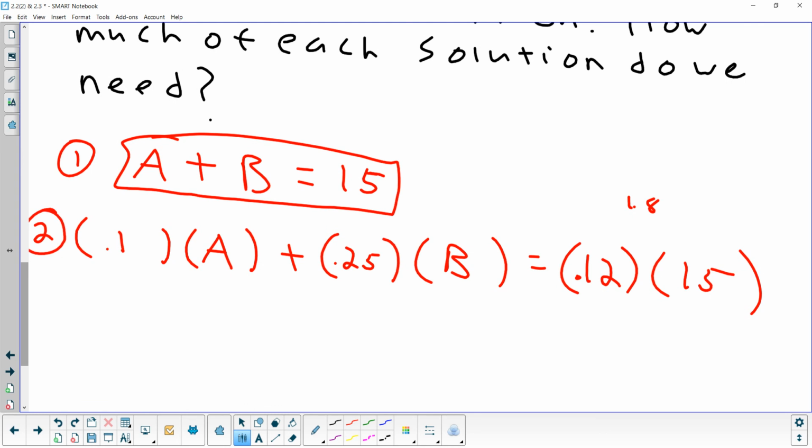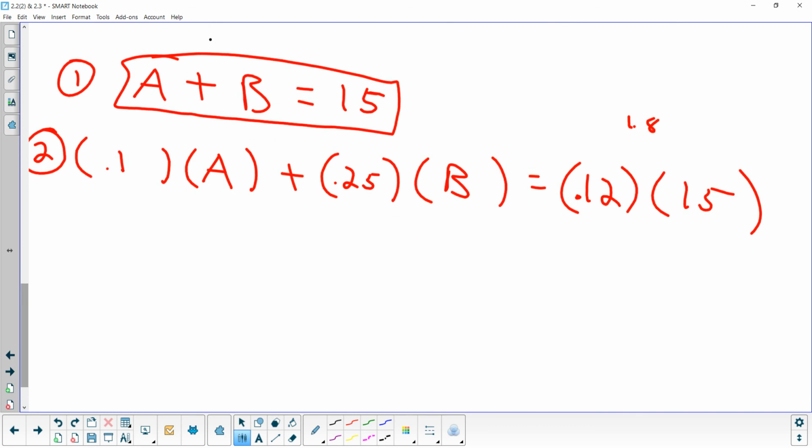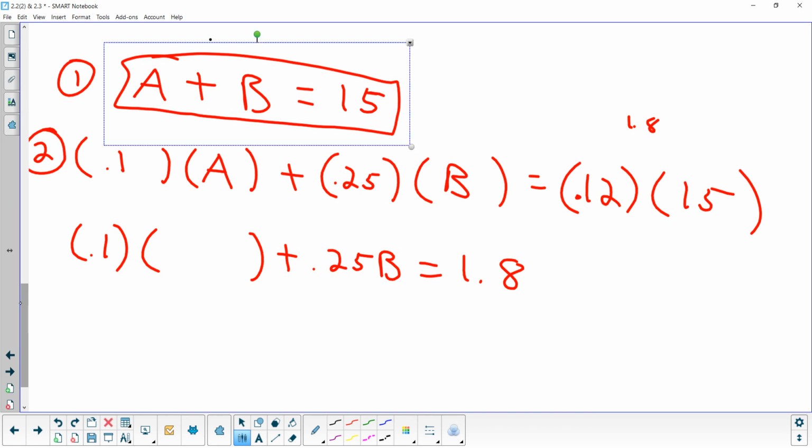This is equation 2. Now we have to use substitution to solve this. So let's substitute for A. I'm going to leave everything else just the way it is. And what could I fill in for A using equation 1?